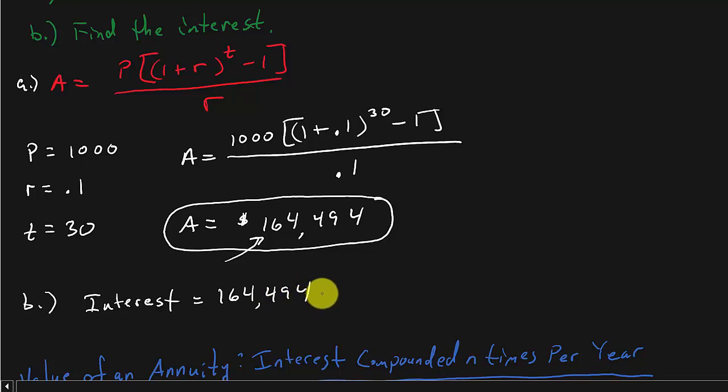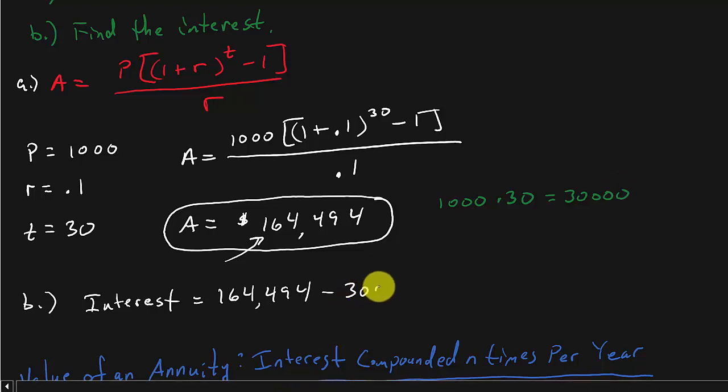That's just like the last one, like in example 1, finding the interest on that. Now, what did we do? We did $1,000 for how many years? 30 years. And so that's going to be $30,000.